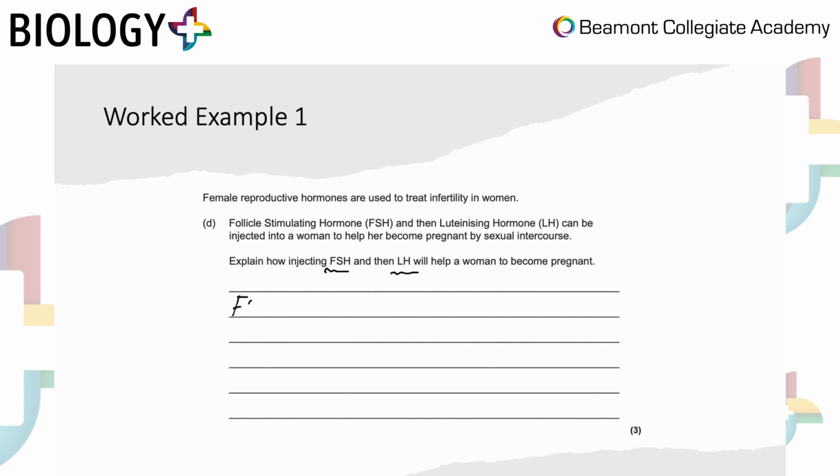So FSH stimulates eggs to mature. LH stimulates ovulation.